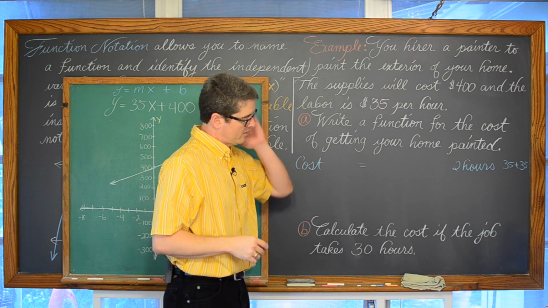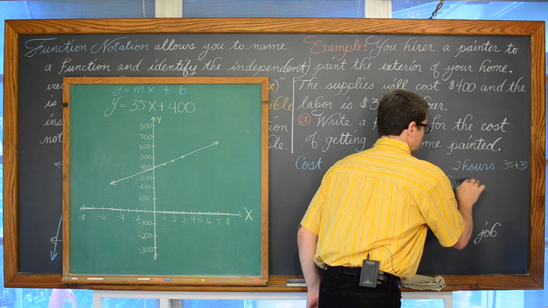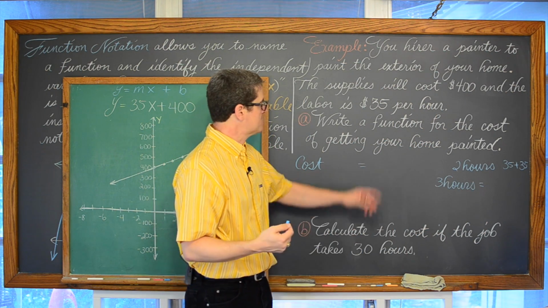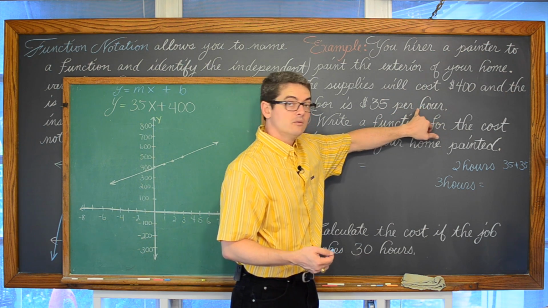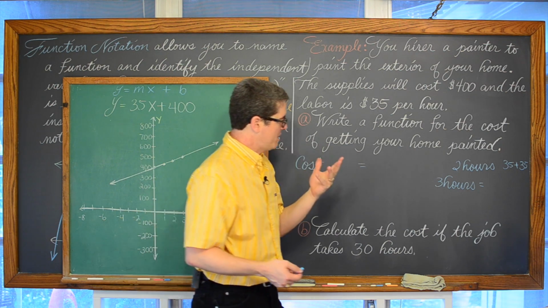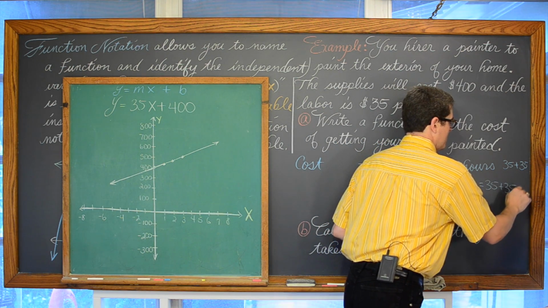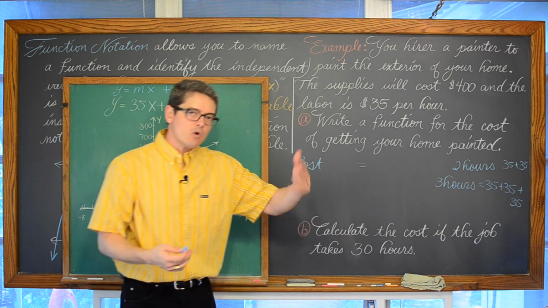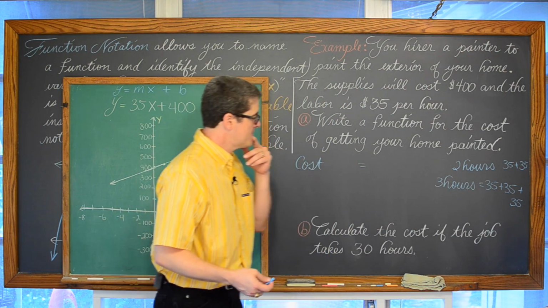If it's 3 hours of labor and they charge 35 per hour, that means they're charging you $35 for every one hour. That would be $35 for the first hour, $35 for the second, and another $35 for the third. So every time they work another hour, you're paying another $35.